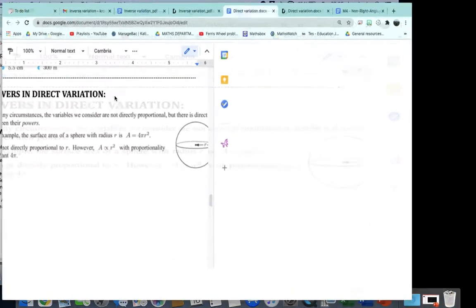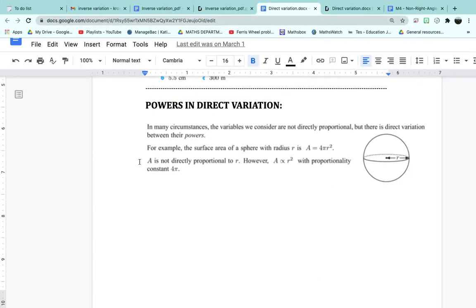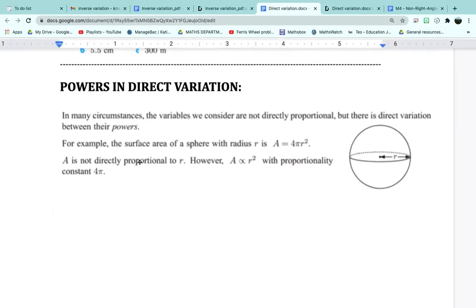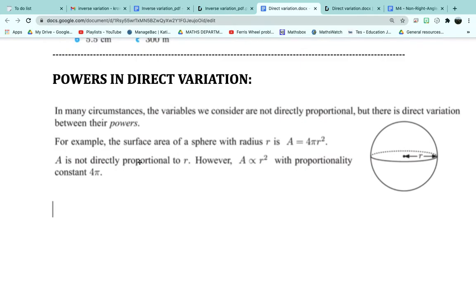We're going to go through a few examples. In many circumstances, the variables we consider are not directly proportional. But there is direct variation. This is what we were talking about before. Direct variation is when there's a relationship between their powers. So we've got one variable, such as A, is proportional to the other variable squared.